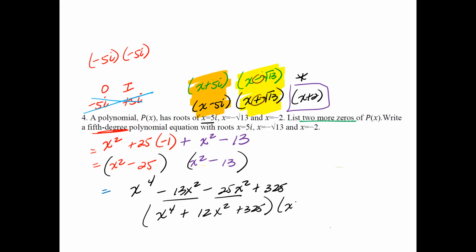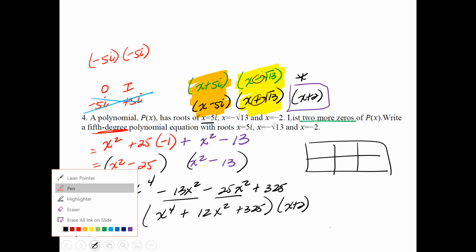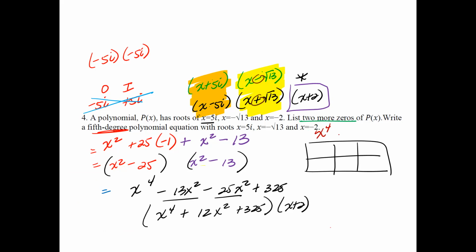Then I multiply that by x plus 2. Ooh, that was not a good one. So then I'm going to create my chart, and I'm going to have my x to the 4th, 12x squared, 325, x, and 2. Let's fill in the chart here.